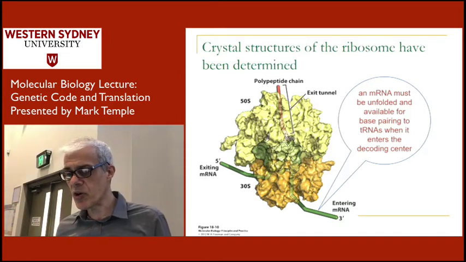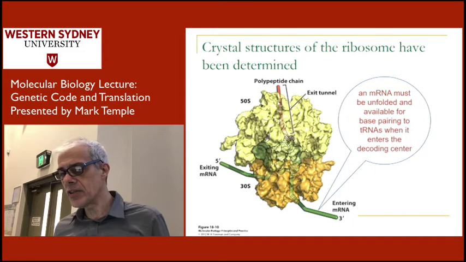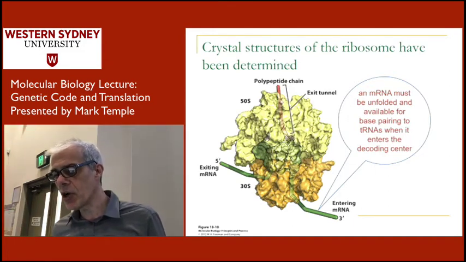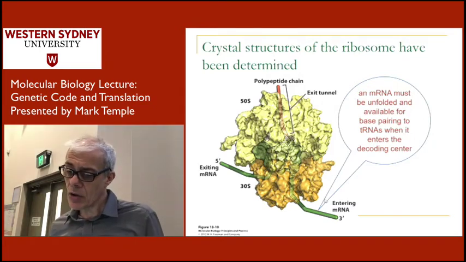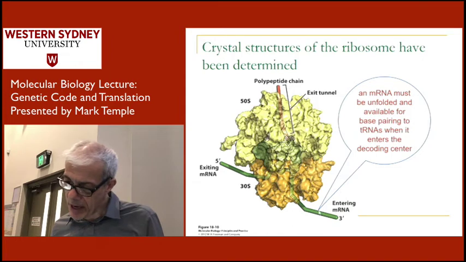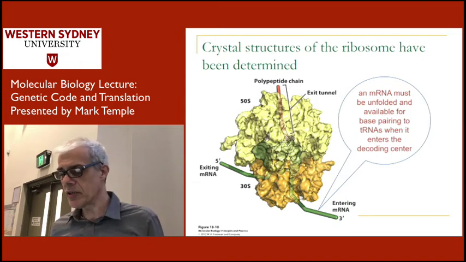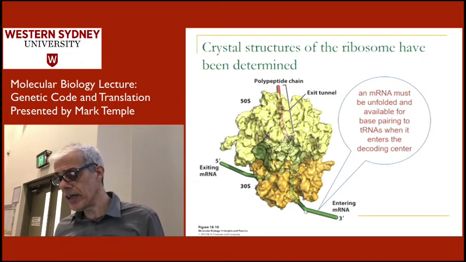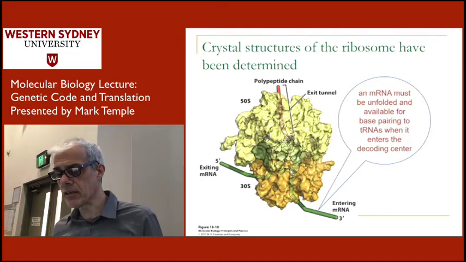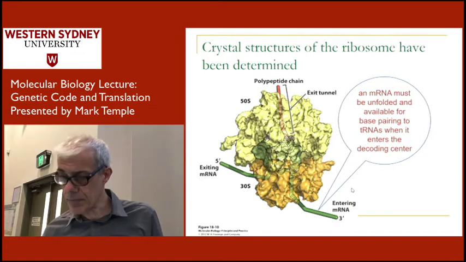As the proteins are being synthesized, there's a channel where the polypeptide exits from the ribosome, and also the messenger RNA needs to be unfolded as it comes into this channel here, so that any tertiary structure is removed, so that the tRNA can base pair with the messenger RNA.